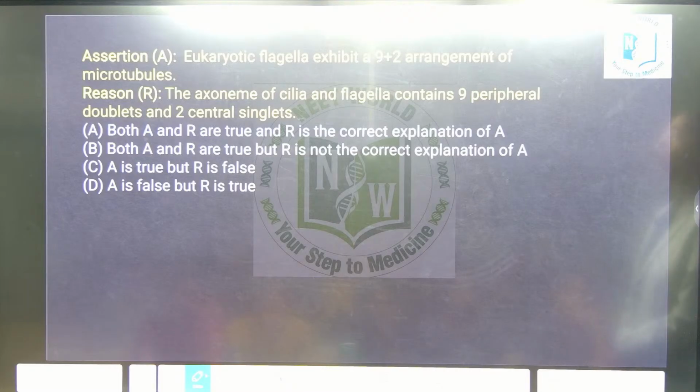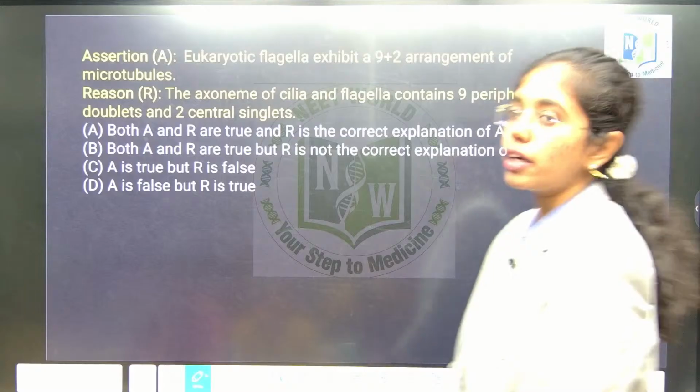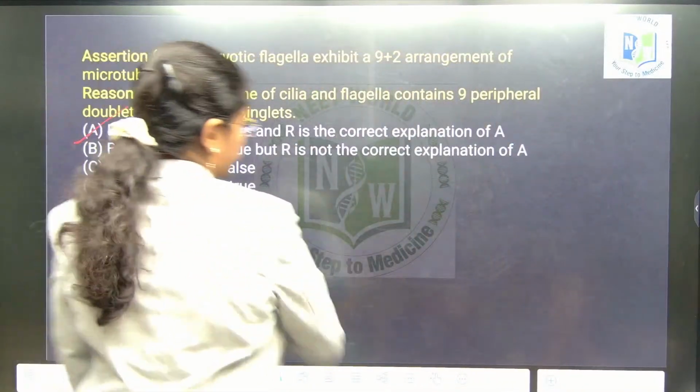Eukaryotic flagella exhibit 9+2 arrangement of microtubules. The axoneme is nothing but the central part, how we are seeing that arrangement. Cilia and flagella contain 9 peripheral doublets and 2 central singles. Next.